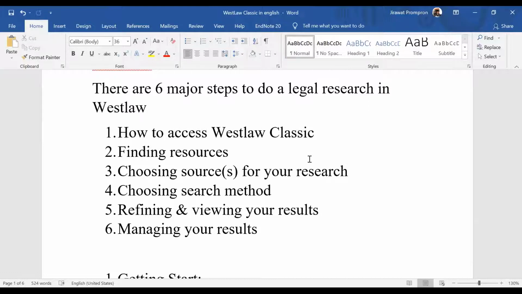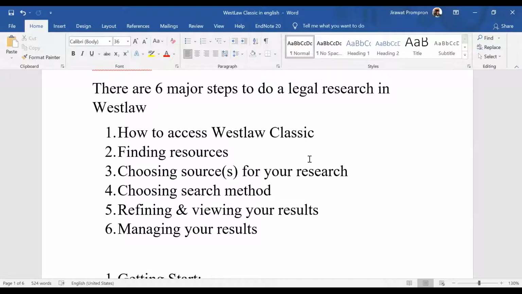And then the fifth step, when you get the results, how can I refine my results? How can I analyze my results? How can I view my results? This is the fifth step.